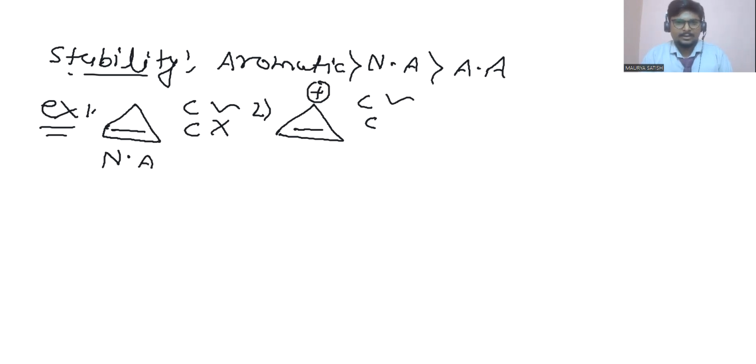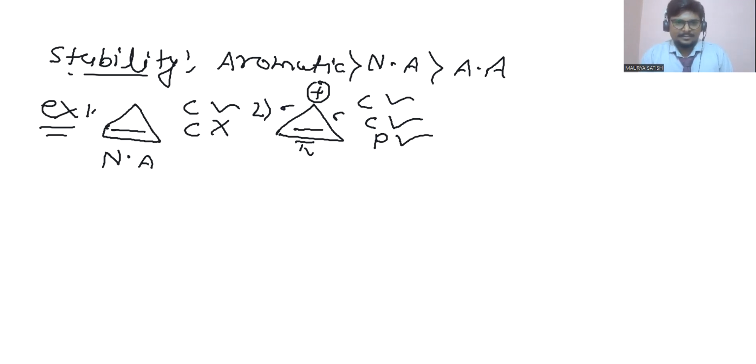Planar, you can judge. Mostly we have to see if the carbon is sp2, then we generally tell the planarity. Directly we can't determine the planarity of the compound. Okay, so this rule is satisfied.